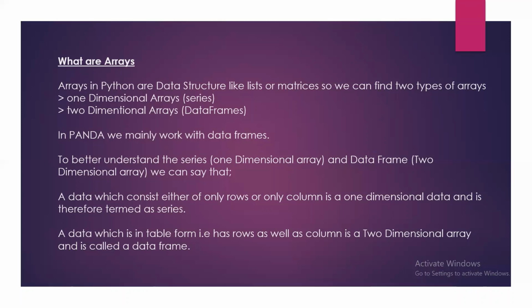So what are arrays? Arrays in Python are data structures that are usually lists, and lists are usually one-dimensional. It is either a row, which is the horizontal form of a list, or a column, which is the vertical form of a list. So an array is a list or matrix.